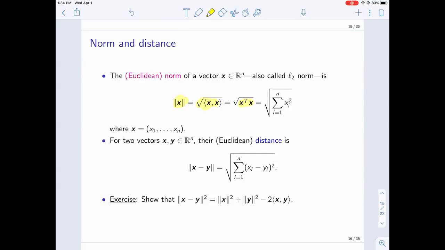It's equivalent to taking the square root of the sum of the squares of the elements of x. That gives you the norm of x. Sometimes it's called the L2 norm, because there are other norms like the L1 norm or the Lp norm, but this is the L2 norm because we're taking the power 2. In this course, we're not going to worry about any other norm besides this.